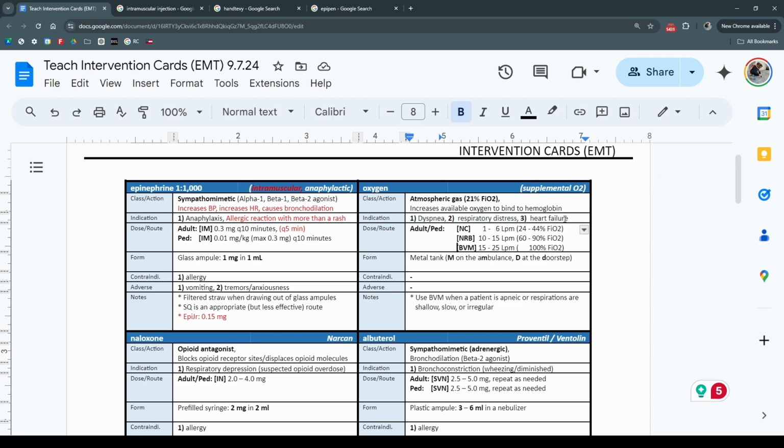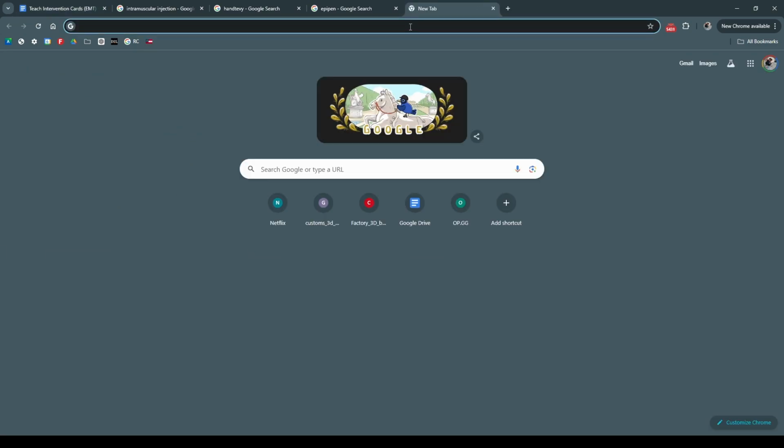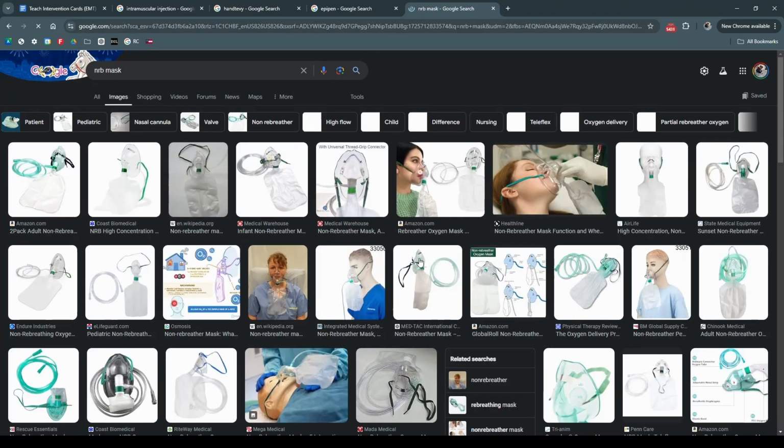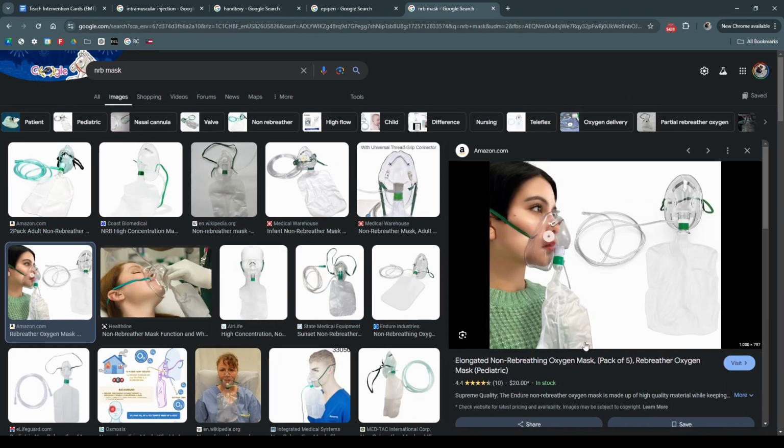I try my best to make this as simple as possible. We're on the cusp of learning that EMTs before you had it much easier. It was almost never wrong to just give somebody a non-rebreather and put them on high-flow oxygen. It was the answer to every question.